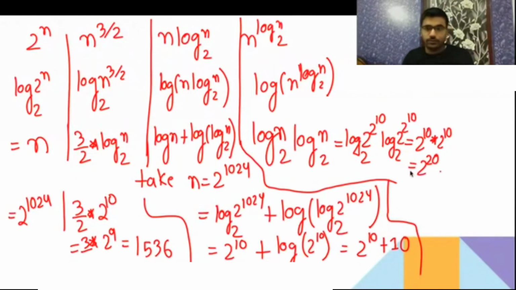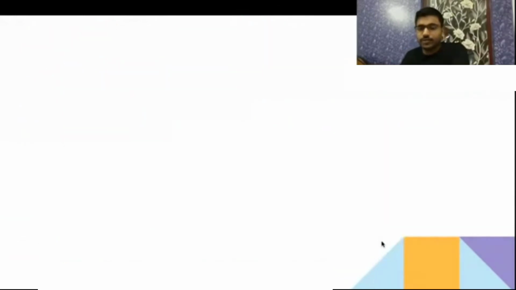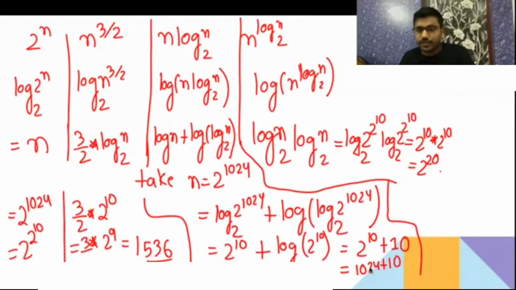So it is your 2 to the power 20, and it is your 2 to the power 2 to the power 10. Okay, so it's like 2 to the power 1024. Here it's 2 to the power 20, and here you can write 1024 plus 10, which is going to be 1034. You are going to get 1034.